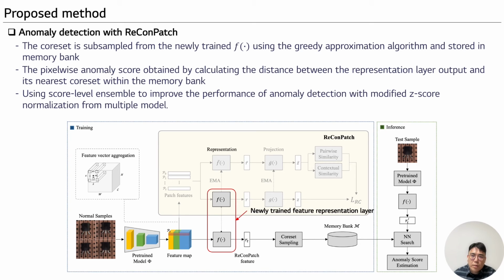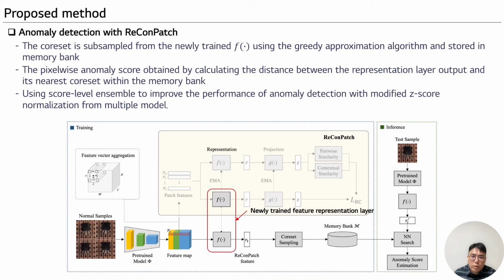The pixel-wise anomaly score is obtained by calculating the distance between the representation layer output and its nearest coreset within the memory bank. And the image-wise anomaly score is computed as the maximum score over the anomaly scores calculated for every patch feature in the image. The accuracy of anomaly detection could be further improved by score level ensemble of multiple models.